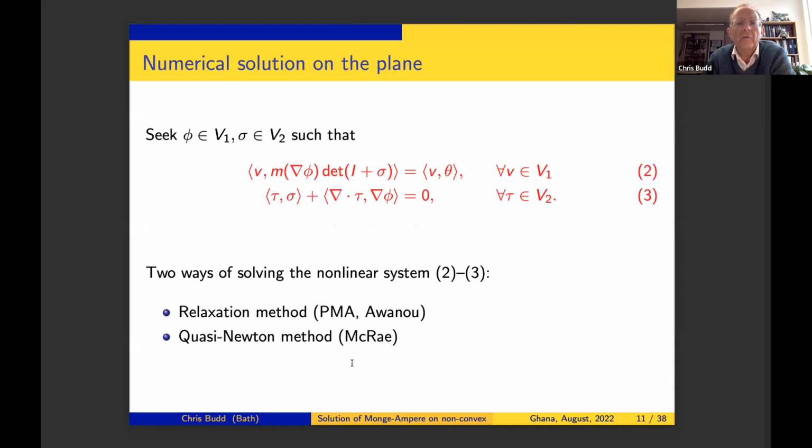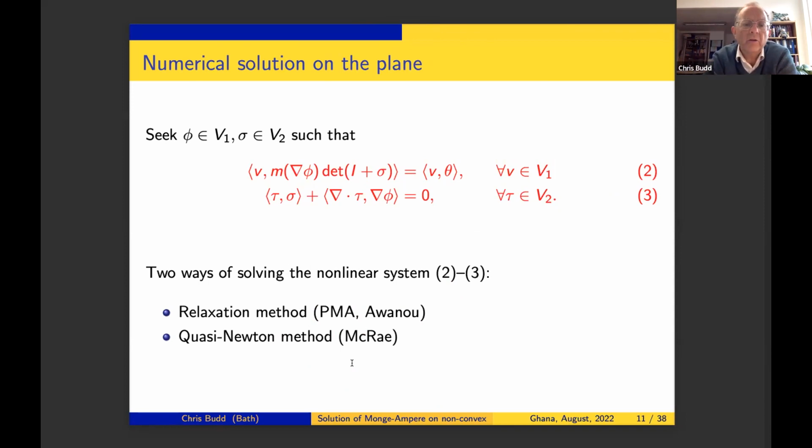So this is how we solve it numerically. We write it in weak form, and there's the mixed finite element discretization. Various ways of solving this. You can either solve this in a relaxation method. Awanu came up with a very, very effective one.